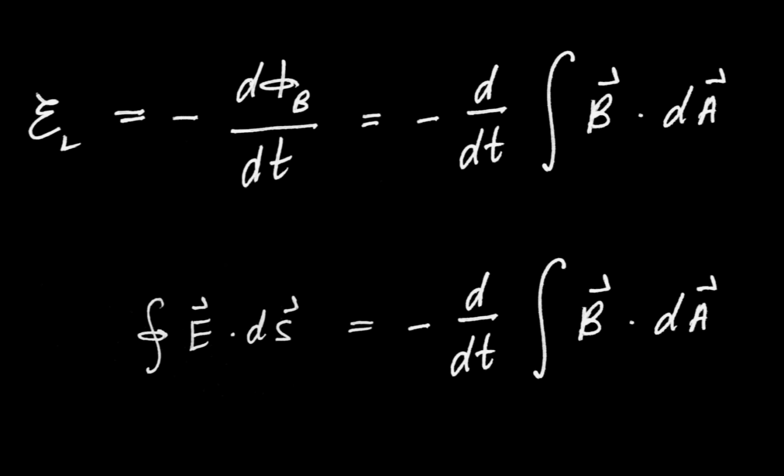Sure, the relationship between the two is complicated, but nevertheless, there's a relationship, and ultimately the discovery that is made here is that electricity and magnetism are not separate phenomena, but they are in fact two different aspects of the same phenomenon, electromagnetism.